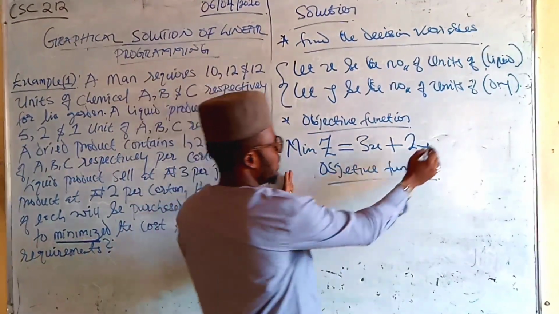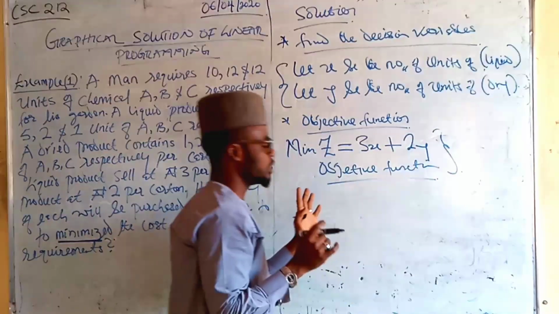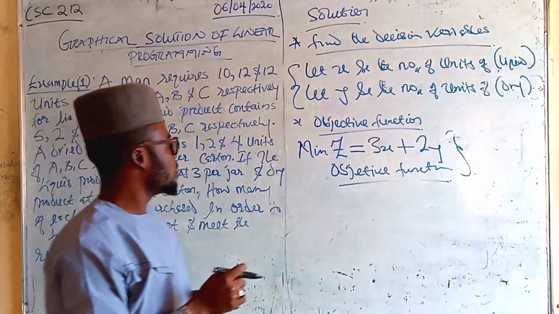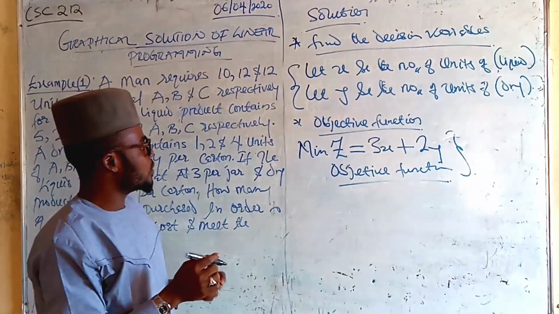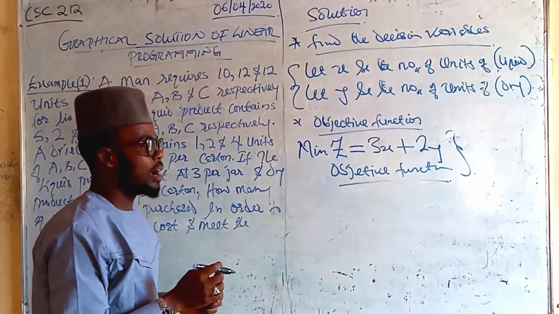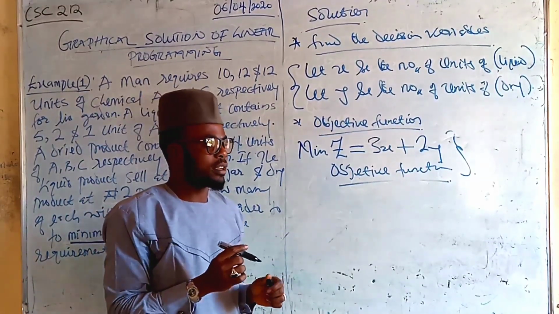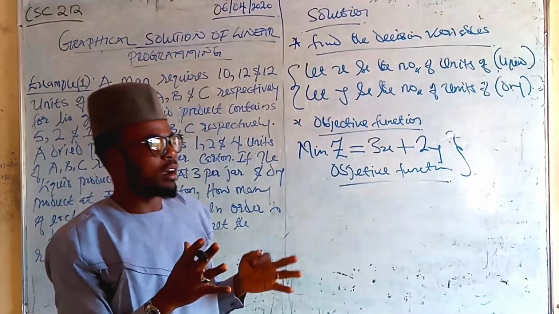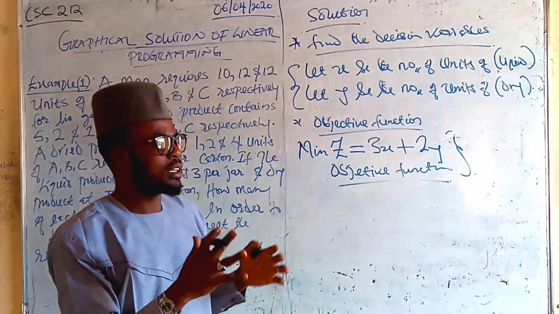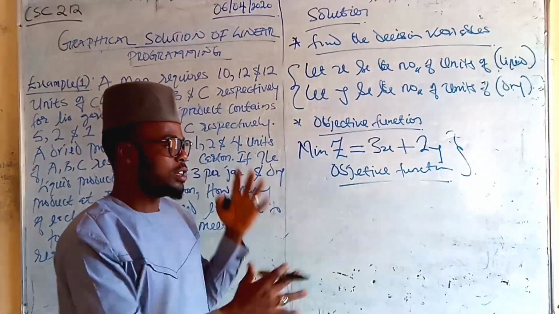So here is our objective function. The next thing we should do is to find the constraints. I have already told you in the previous examples that the constraints are nothing but the operations that take place in the problem.